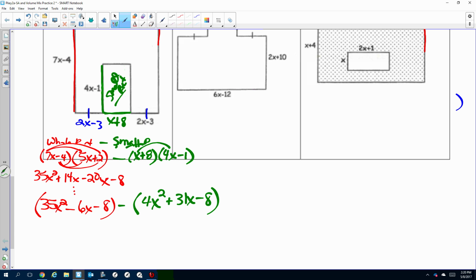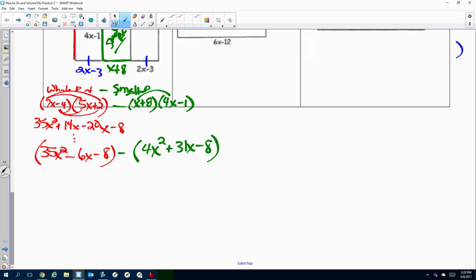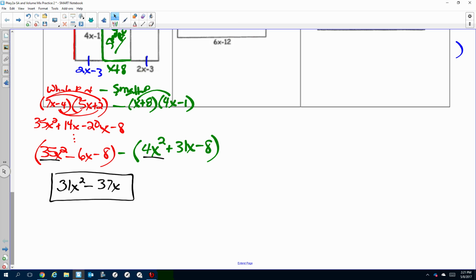And now we're going to subtract to get our final area of our composite figure. 35x squared minus 4x squared is 31x squared. For my next term, I have negative 6 minus 31, so that ends up being minus 37x. And then negative 8 minus a negative 8 cancel each other out. So here is our simplified expression for the composite.